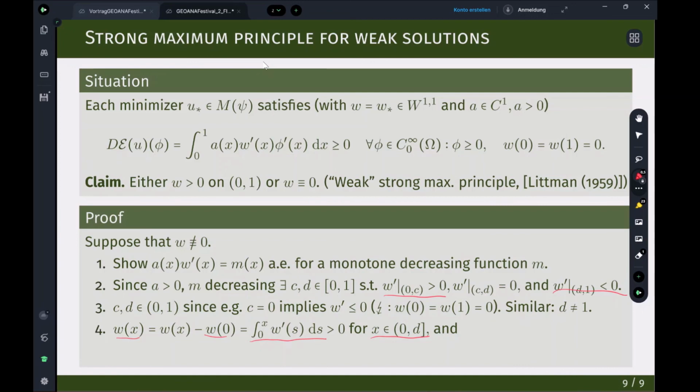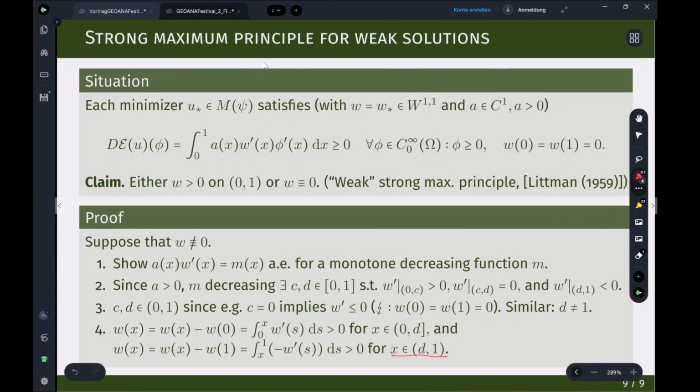And W prime is positive in a neighborhood of 0. So whenever I plug in something positive there, I get positive values. So between 0 and D, I only collect positive values or 0 values here, but initially they are positive. So W is then definitely positive.